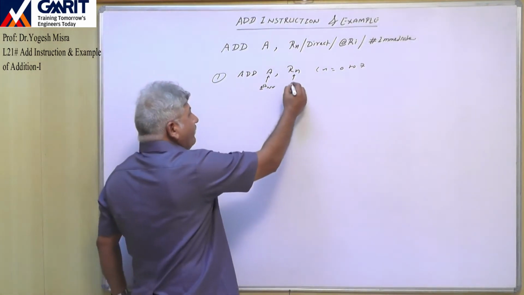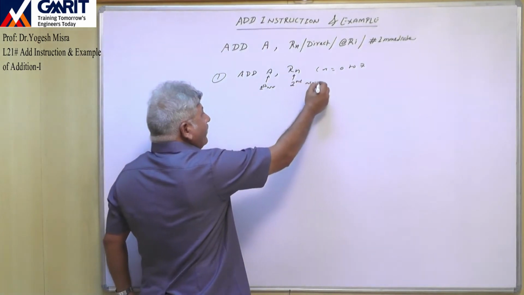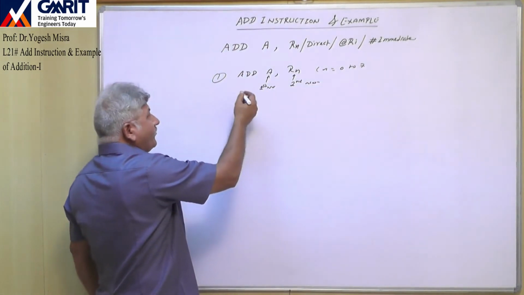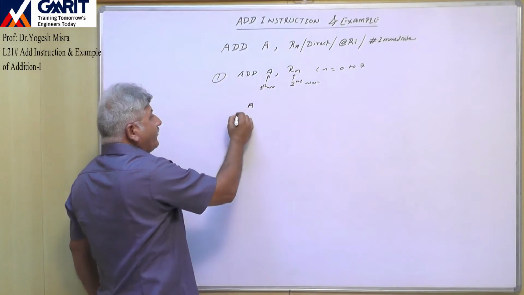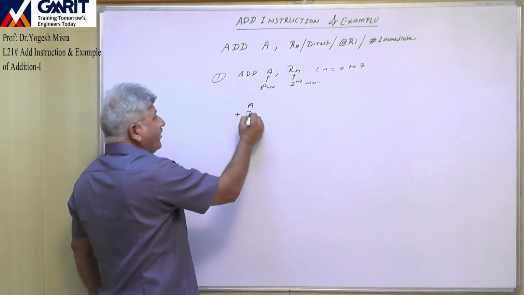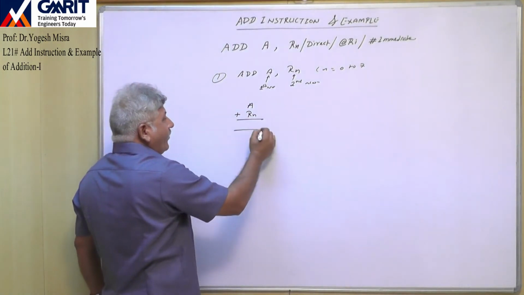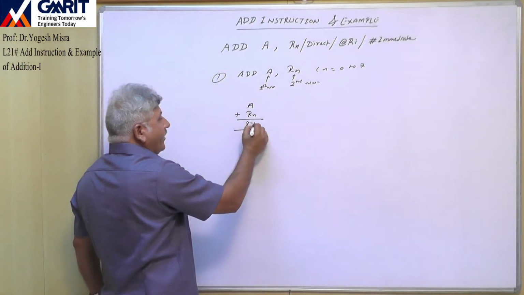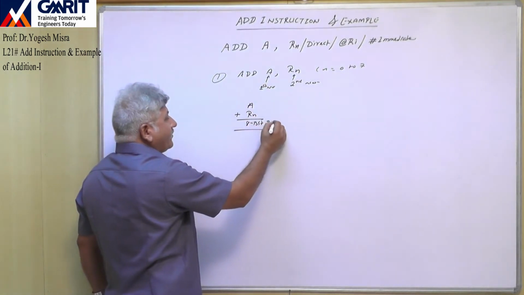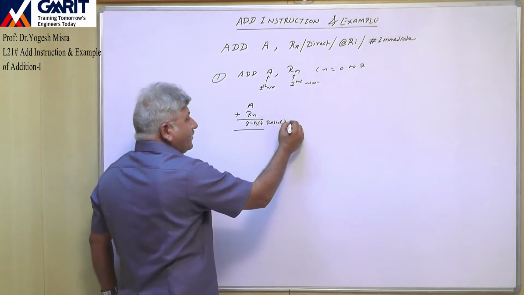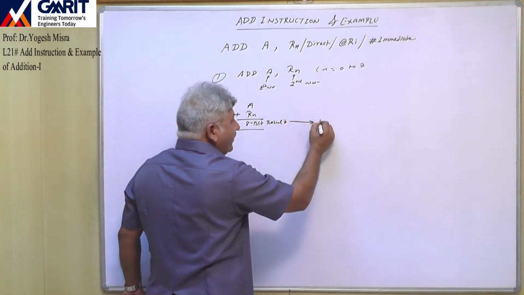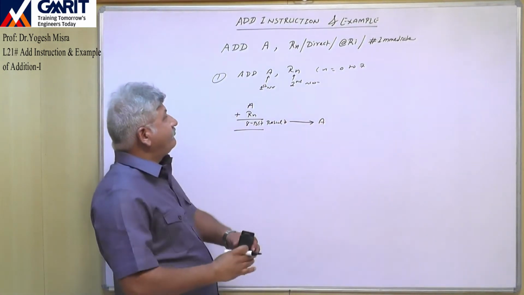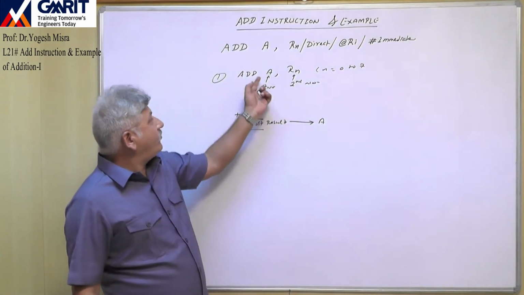This instruction will perform the addition between the content of A and the content of the register, and whatever is the 8-bit result is stored in A register.